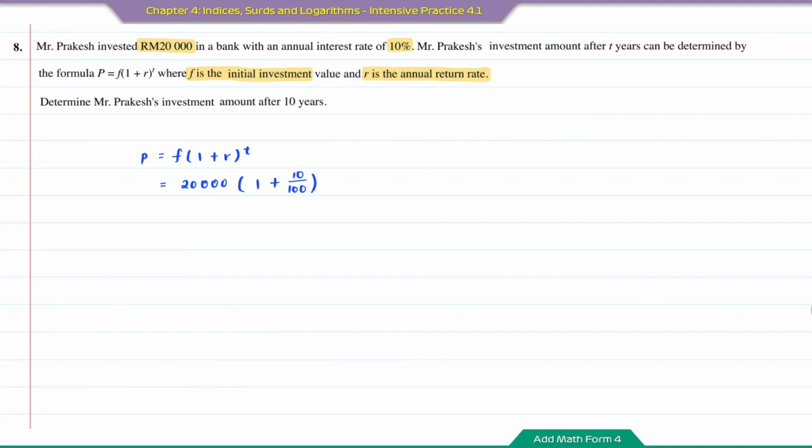The T is the number of years, so here is the amount of 10 years. So I'm going to replace the T with number 10. So solve this using your calculator and you'll find that the amount of Mr. Prakash's investment will be 51,874.85 ringgit after 10 years.